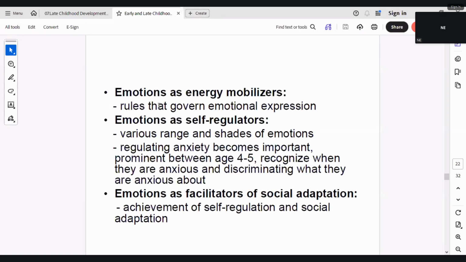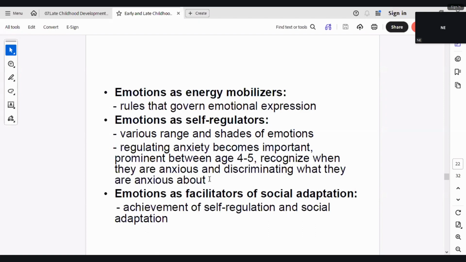When we look at emotions, there are rules that will govern emotional expression. We have a various range and shade of emotions, obviously. Regulating anxiety becomes important and more prominent between age 4 to 5. It's important that they recognize when they're anxious and that they can discriminate what they're anxious about.